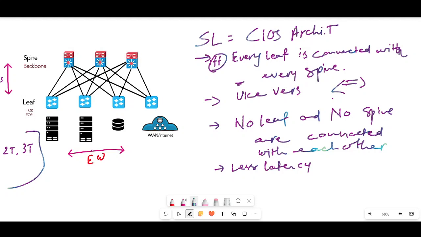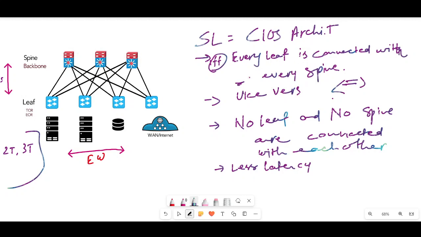If you talk about this type of architecture, which is very useful for us, and suppose you want to attach more, more spines mean more bandwidth.